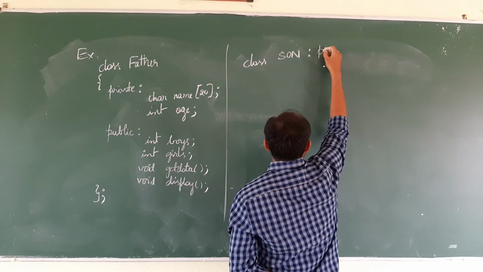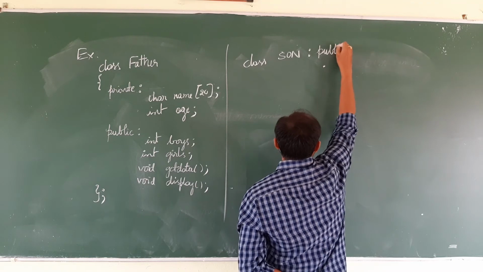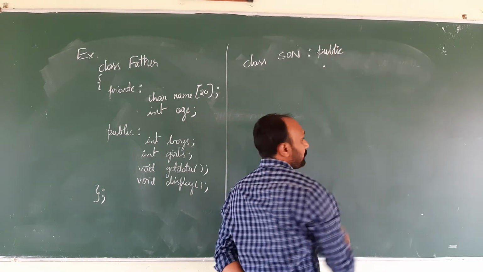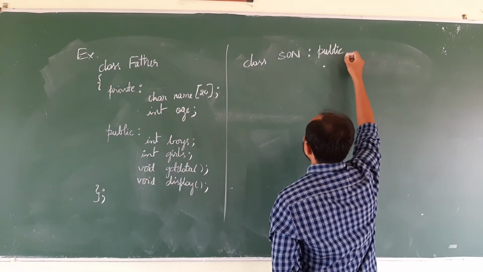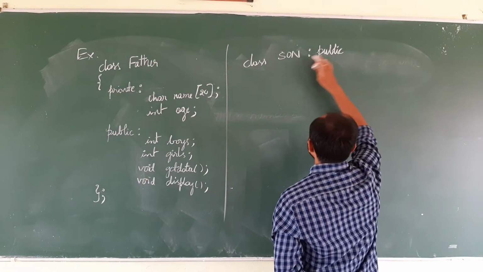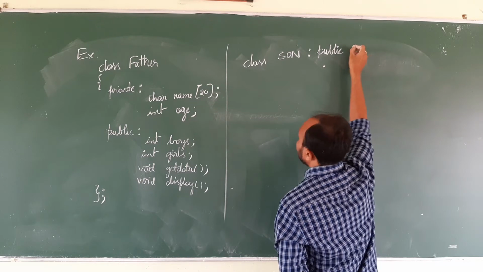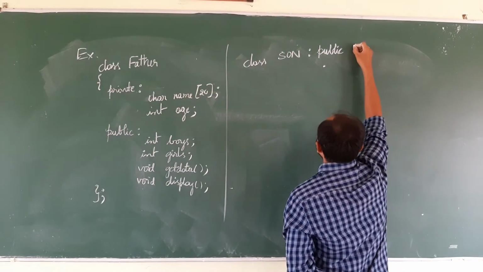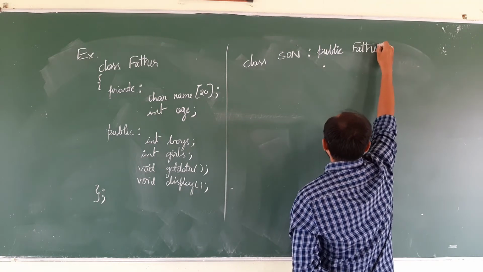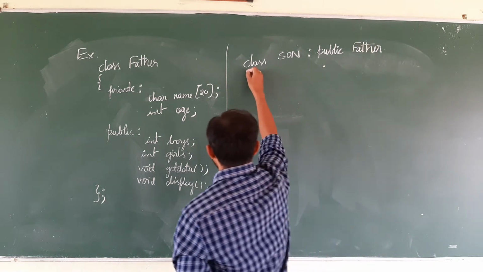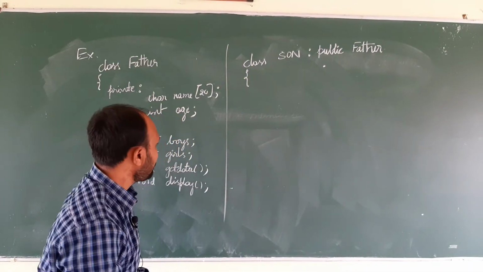Let us go with public inheritance. Son is derived from which particular class? It is derived from the class Father.